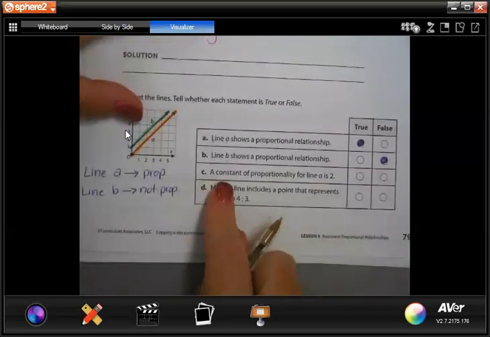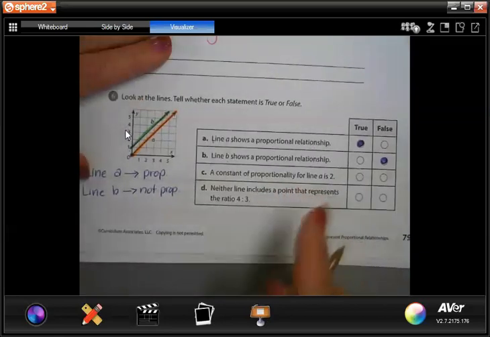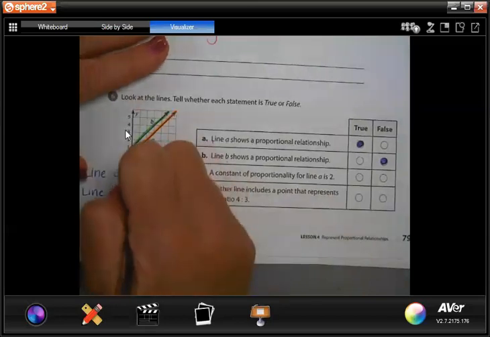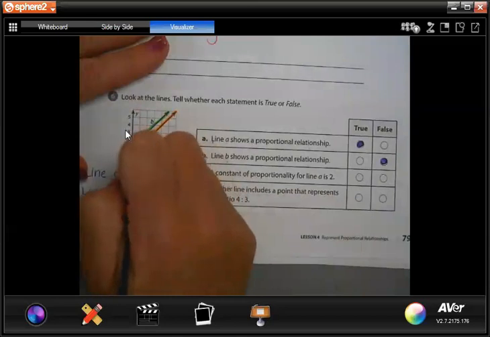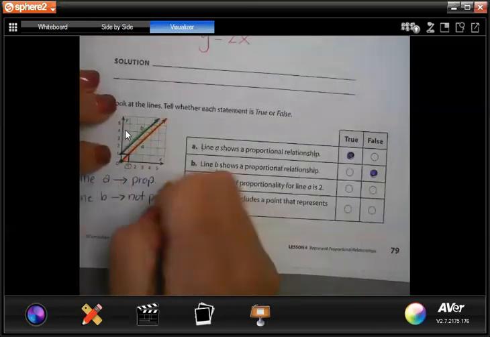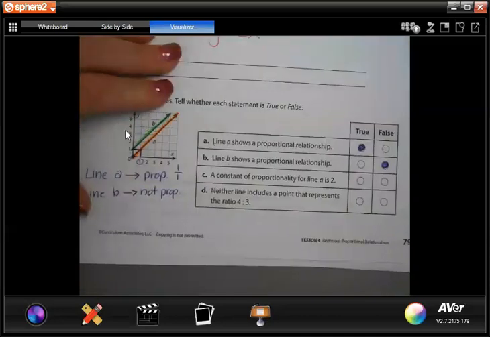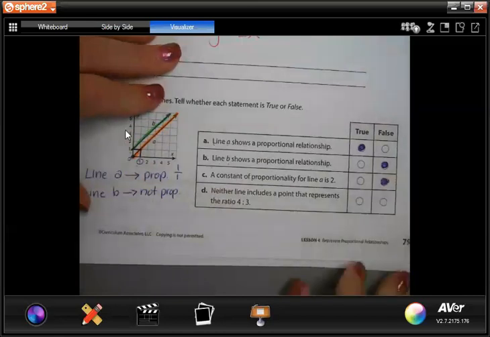A. Constant of proportionality for line A is 2. Well, let's look. Here's line A. We go to where the 1 is at, and if we go up and go over, that would be 1 over 1. 1 over 1 is 1, not 2. So that is false.